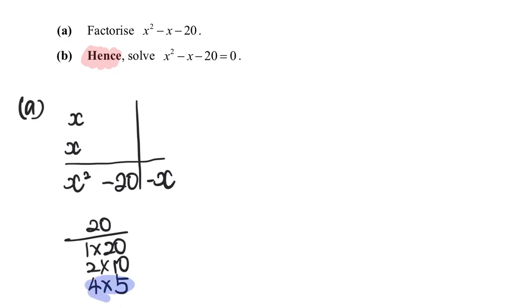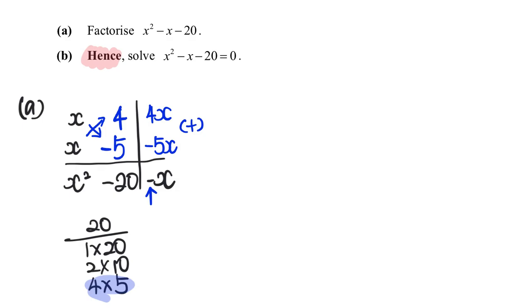I will choose this because I know that if I want a negative x, my 5 must be the negative, so that I will have negative 5x. This will be 4x. And when I add them together, I get my negative x.